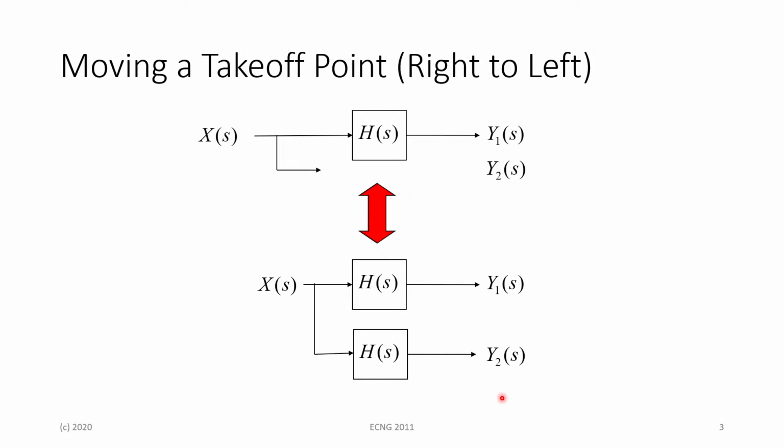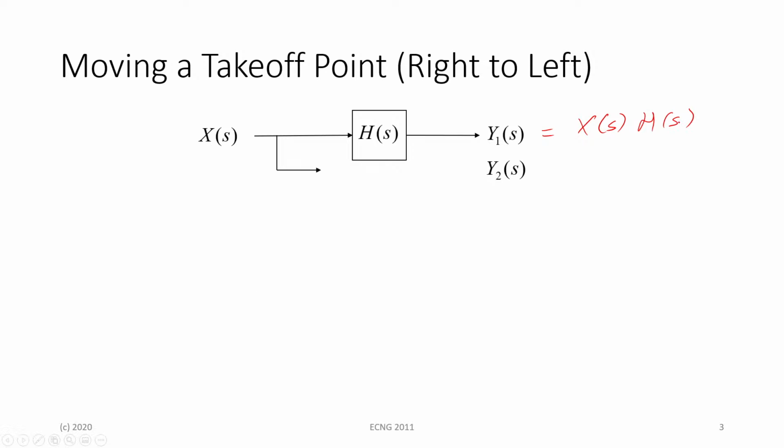The reason for this is, let's watch this from a mathematical standpoint. So y1 of s is equal to x of s times h of s. And y2 of s in this case was also equal to x of s times h of s.